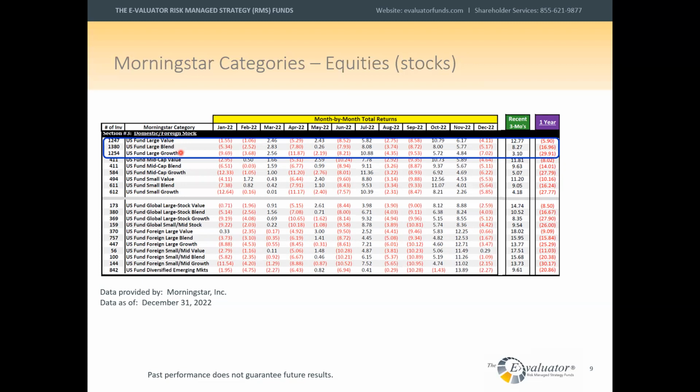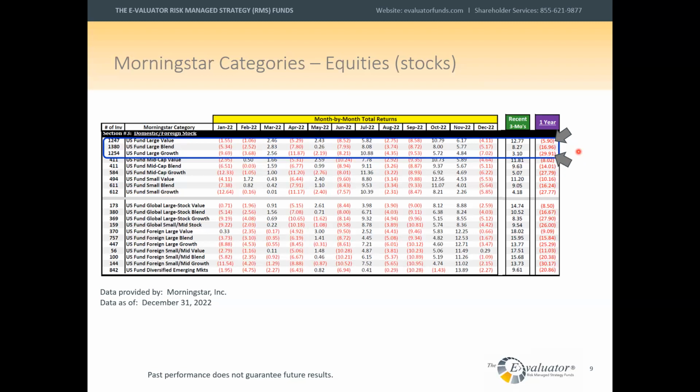Management style, growth is more momentum based. Value is more of a want-to-buy-it-at-a-good-price style of management. A blend would be a little bit value and a little bit growth, so it'd be the combination of the two. As you can see out over here, large cap value on average was down 5.9% for the year.